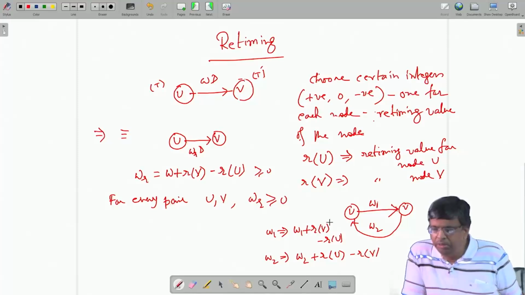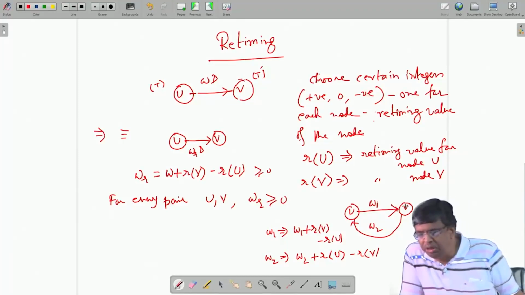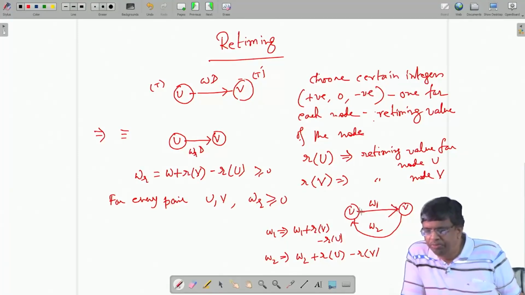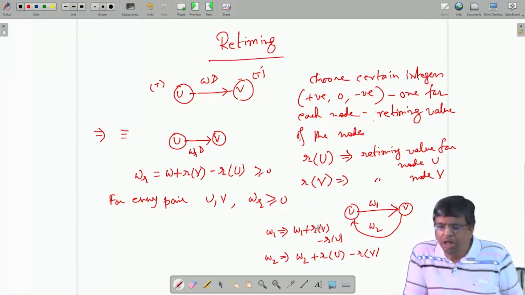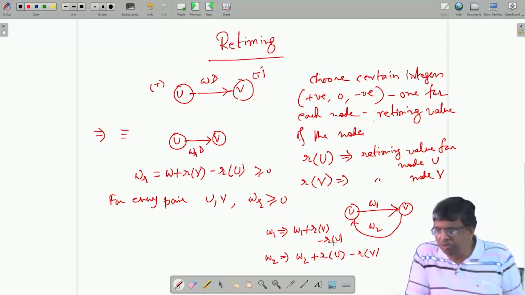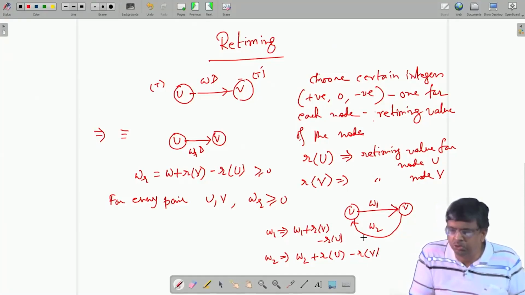So, W1 will become W1 plus R of V minus R of U after retiming this edge, and after retiming the other edge it will become W2 plus R of U, because this is the destination now, minus R of V. So, if you want to make R of V positive, a very high valued positive number, and R of U 0 or a negative number, so that this is positive and does not turn out to be negative, here it will have a reverse effect, because here R of U has a positive sign and R of V has a negative sign, so it will turn out to be negative. So, you have to balance between the two.